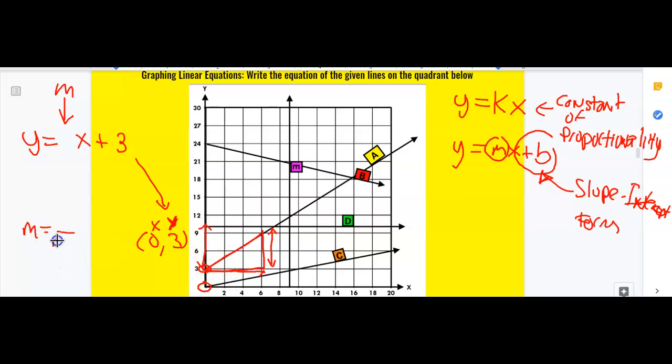Let's talk about our run first. I'm here: 1 increment, 2 increments, 3 increments to get where I can form that right angle. There are 3 increments, and the value of every increment is 2. So 3 sets of 2, we get a run of 6.